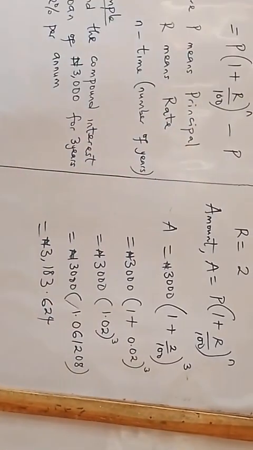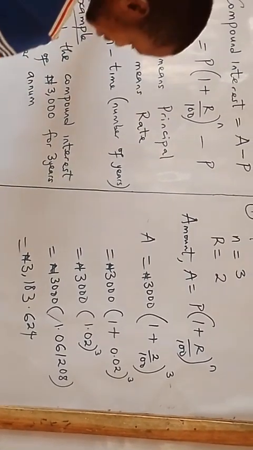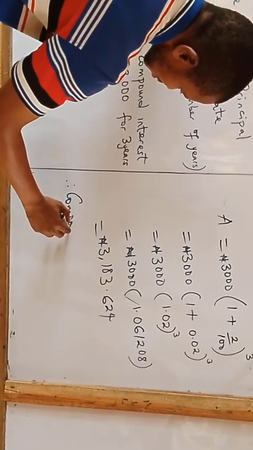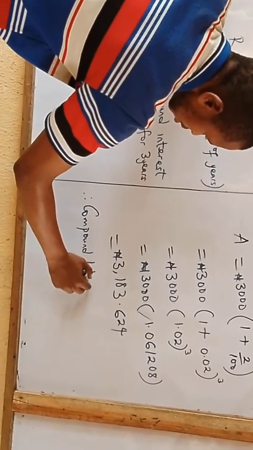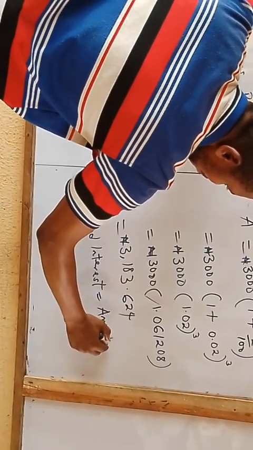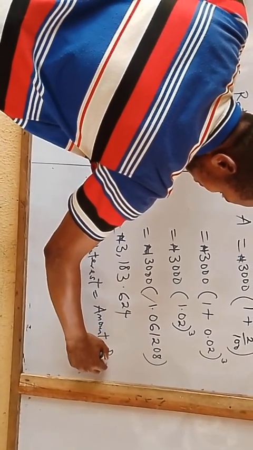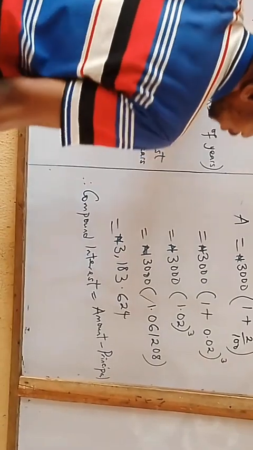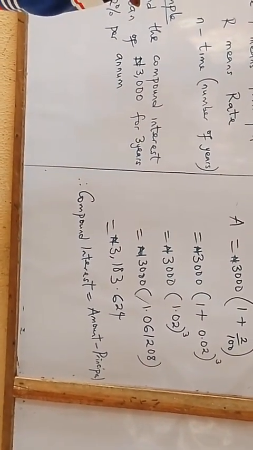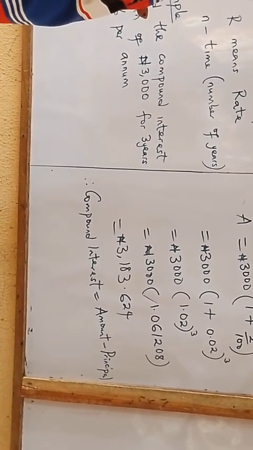So the next thing to calculate now is our compound interest. So therefore, our compound interest, which is amount minus principal. You know, I cracked a joke in my previous video that this principal that we talk about means the amount that we borrow, not the head of the school.